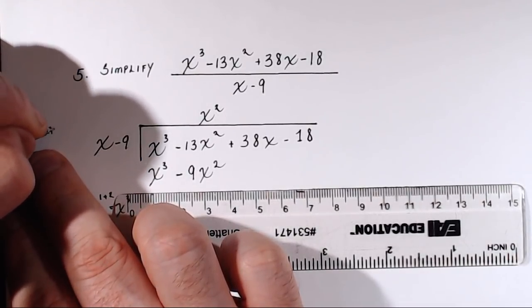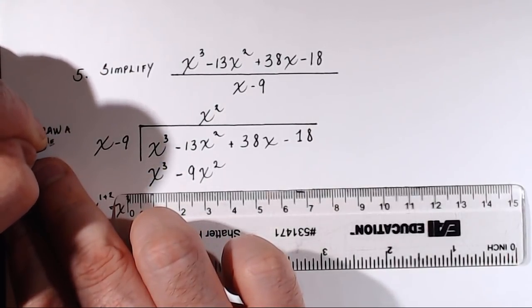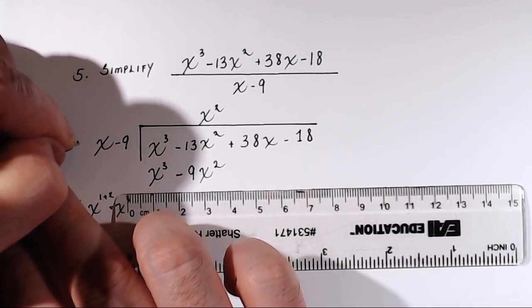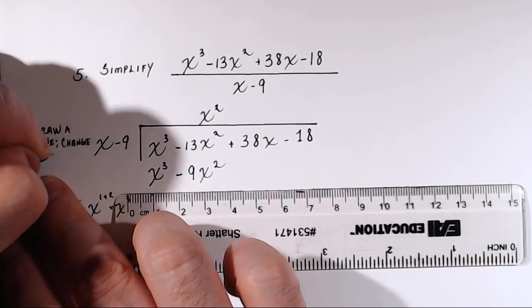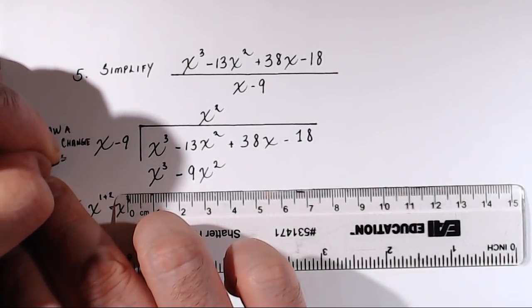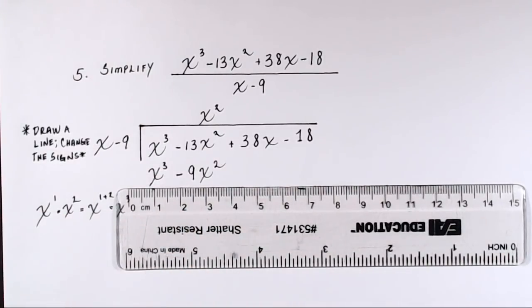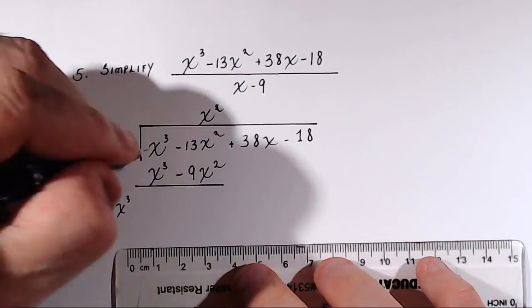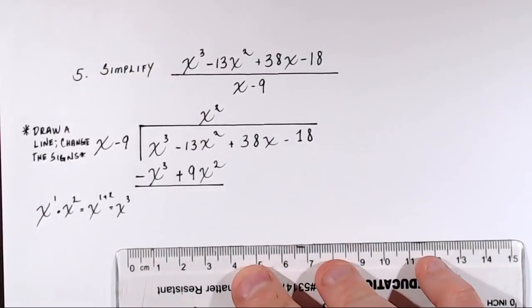Draw a line, change the signs. Okay, good to remember. Draw a line, change the signs. And that's what we're going to do here. So that becomes negative x cubed plus 9x squared.